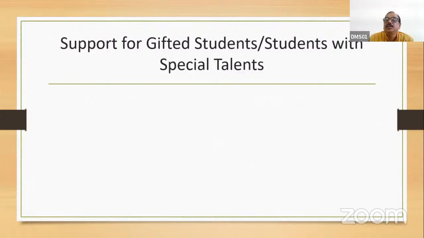Now, we look into what this policy is saying about gifted students and specially talented students. So you may be wondering why this has been mentioned extensively under curriculum and pedagogy. Can anyone say what could be the reasons?